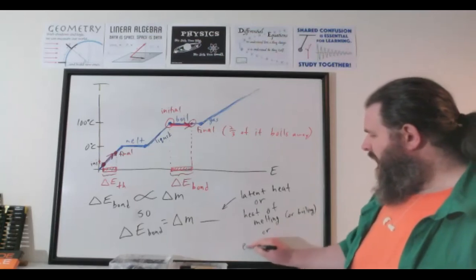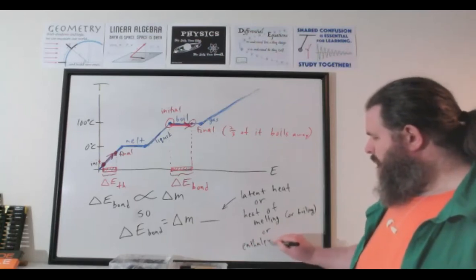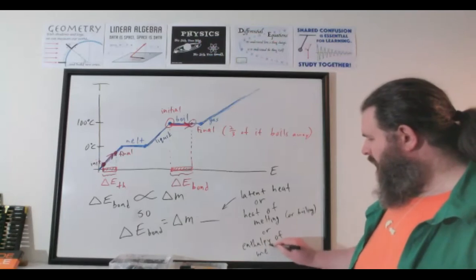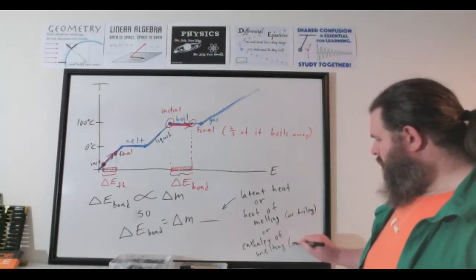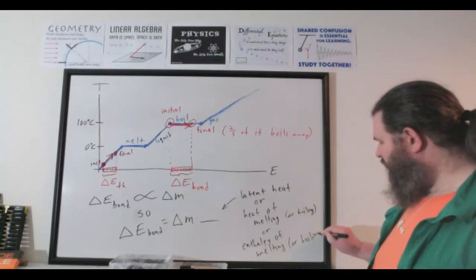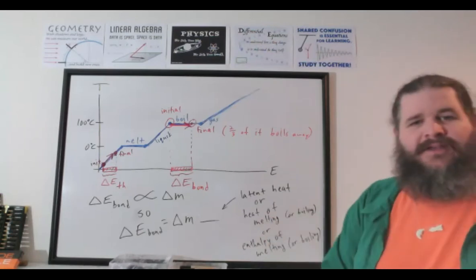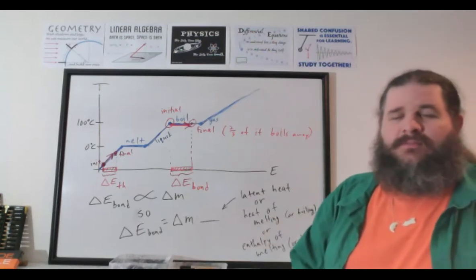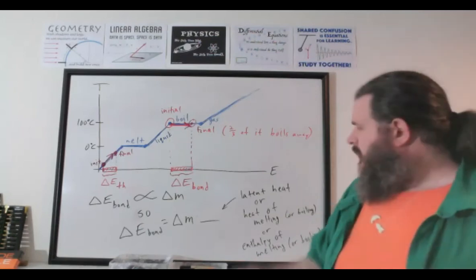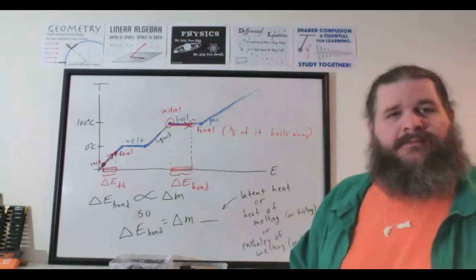Or sometimes called the enthalpy of melting or boiling. Or sublimation. You could have, for instance, heat of melting or enthalpy of melting, or heat of sublimation, enthalpy of sublimation. These are all just different terms for the same thing.